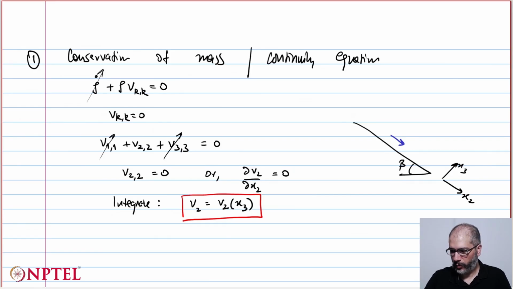So if I was to plot the velocity as a function of x3 direction, then I would see that these vectors would be of different lengths as I move up or down.